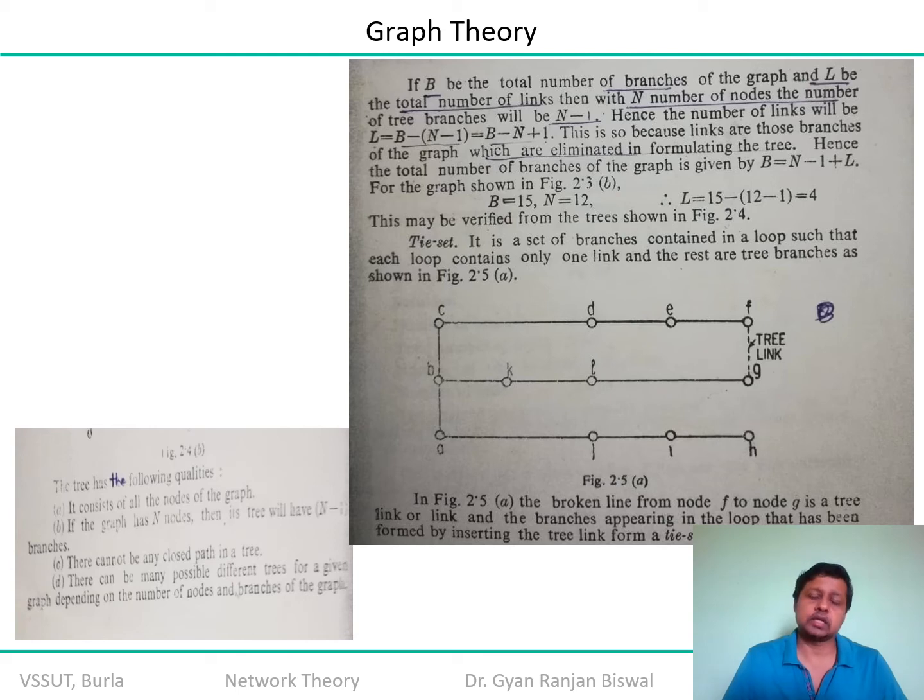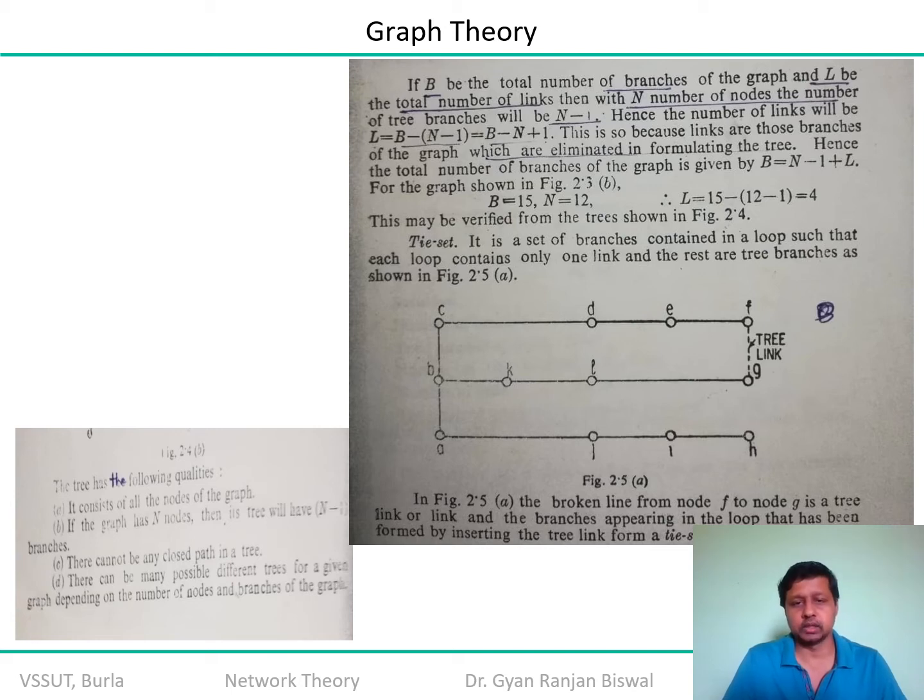As for the links, as we discussed in the previous slide, from here onwards we denote them by L. So L is equal to B, the number of branches, minus the number of tree branches needed to construct a tree, which is n minus 1. Overall you get L equal to B minus n plus 1. That is the total number of links.